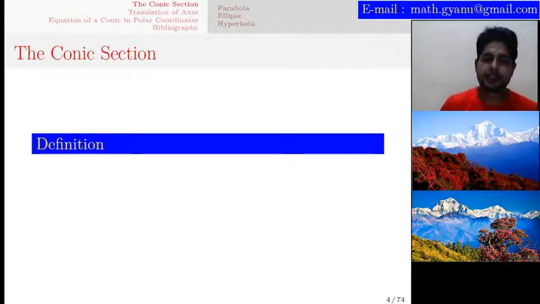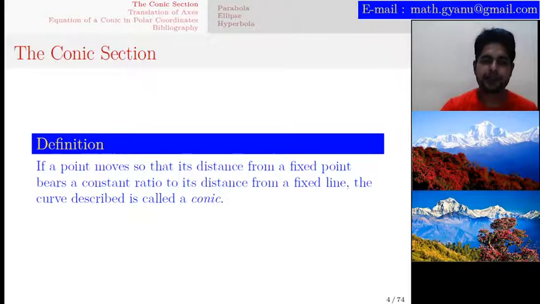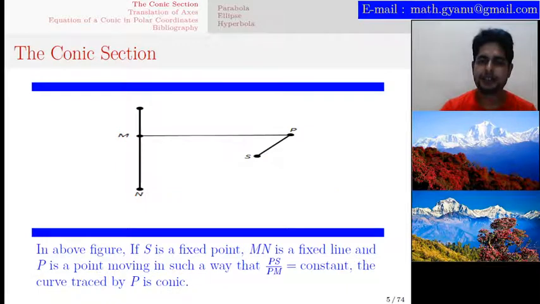First of all, we define a conic. If a point moves so that its distance from a fixed point bears a constant ratio to its distance from a fixed line, the curve described is called a conic. Now, from this information, we may draw a picture as shown on your screen, whether mobile, laptop, or desktop.